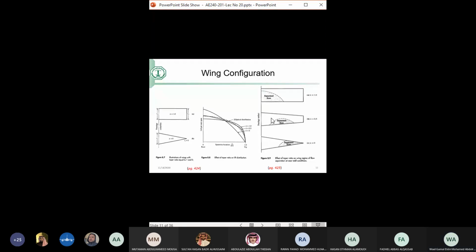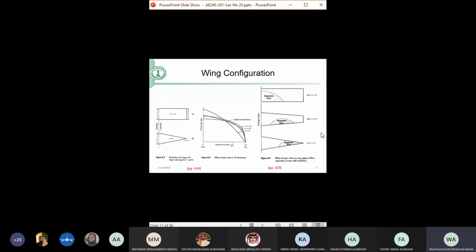So to make choices, we have to understand the consequences of each choice. Let's look at the taper ratio, for example. Remember, the taper ratio is the ratio between the chord at the tip and the chord at the root. If they are the same, that means a rectangular wing, then the ratio is 1. If the wing tapers all the way to 0 chord at the tip, the taper ratio is going to be 0.